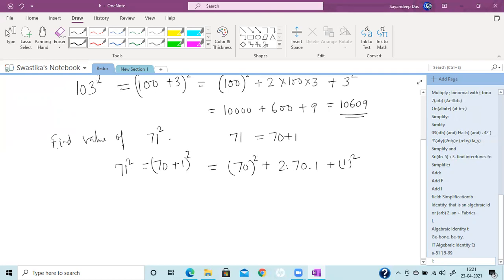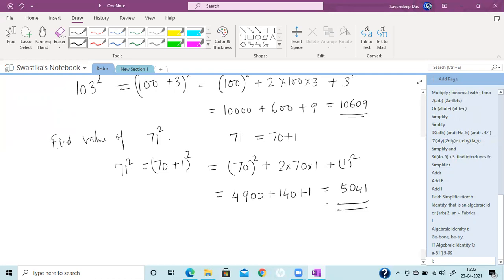You can put the dot also, or you can put the multiplication sign also. Anything will do. So 70² is equal to 4900, plus 140, plus 1. So the answer is 5041. So very easily you can find out the square of any number by using these identities.